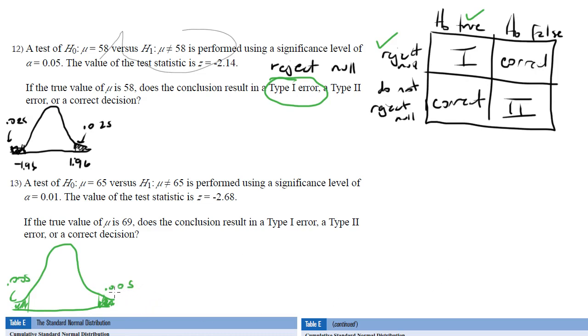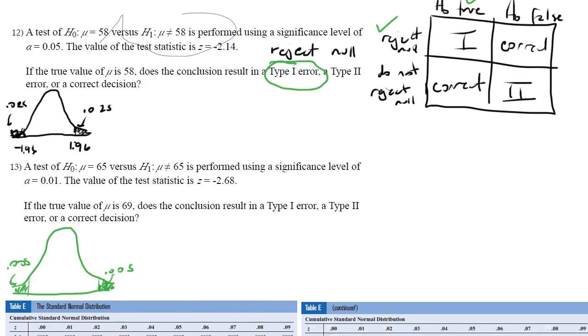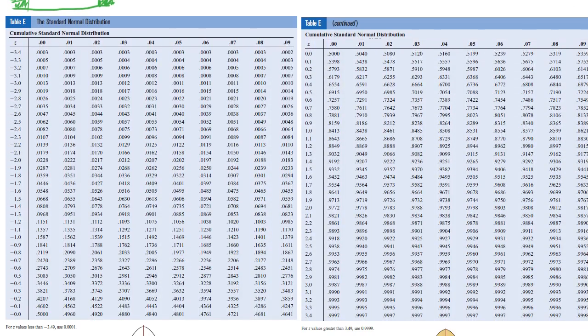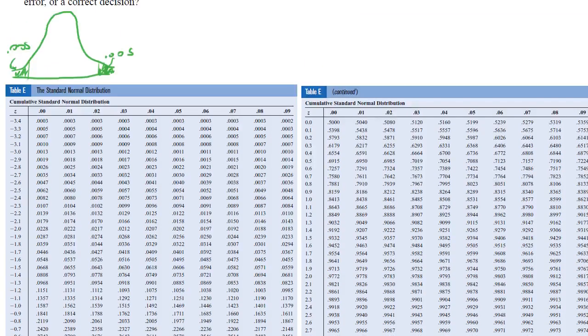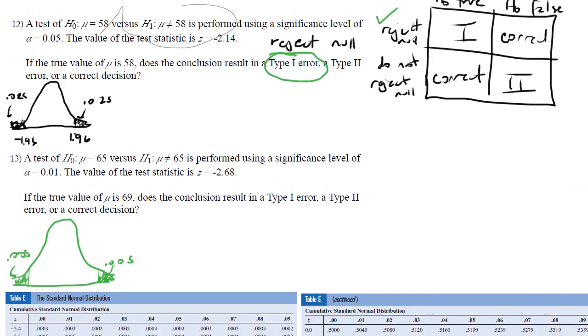Okay, so I want to check the table for 0.005. We use negative 2.58 for that. So on the left is negative 2.58. On the right is positive 2.58.